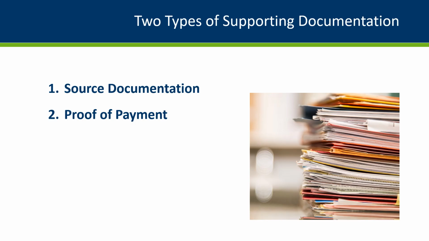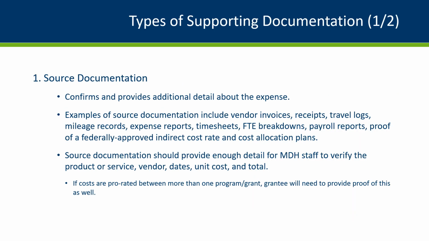There are two types of supporting documentation: source documentation and proof of payment. First, we're going to talk about source documentation. Source documentation confirms and provides additional detail about the expense.